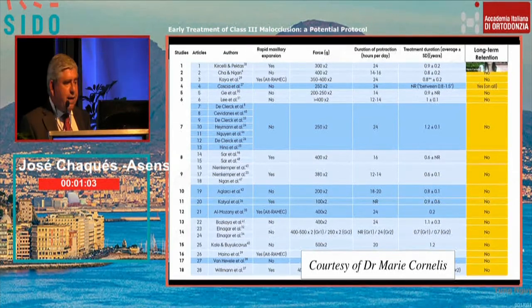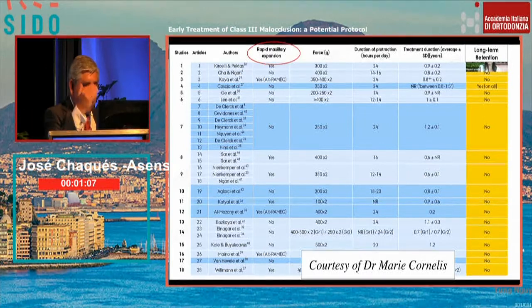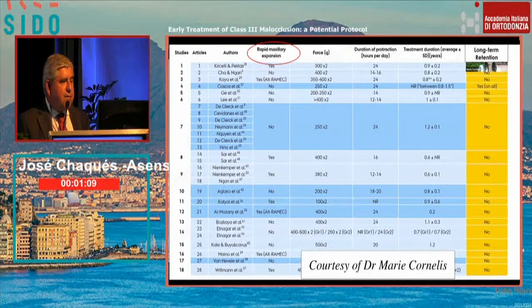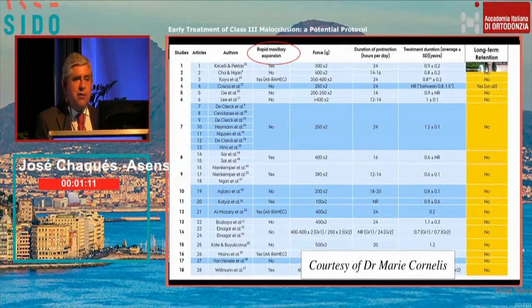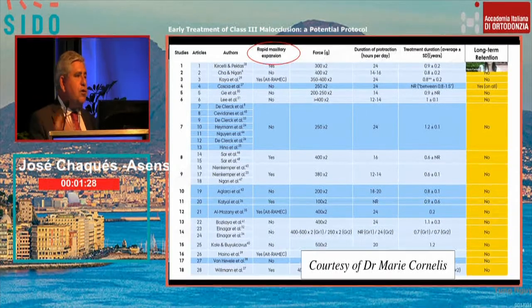The first thing that strikes me here is that these are the articles included in the meta-analysis. Rapid maxillary expansion, more than half of the articles reported by Marie did not use rapid maxillary expansion, in clear contradiction to the classic notion that you have to loosen the maxilla in order to enhance the protraction of the maxilla.